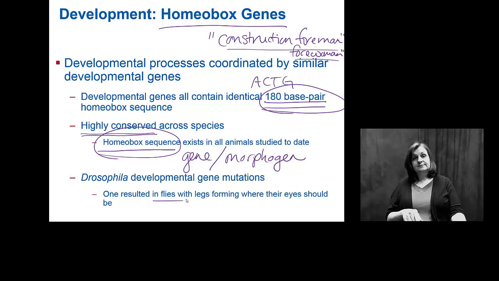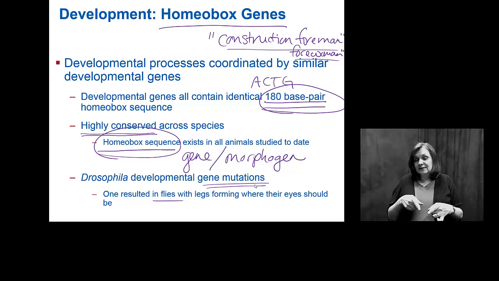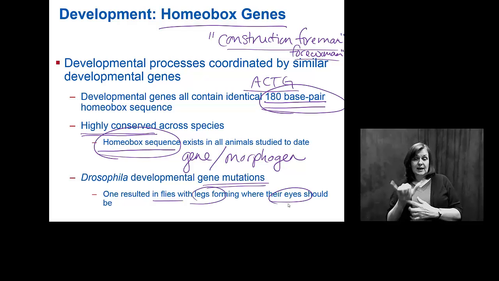So when we look at mutations to this, our concern is that we will get improper development. And scientists have worked with this gene and this sequence enough now that if they change anything in this sequence, if they change the way in which this sequence behaves, so its coding, the A, C, T, and G changes just ever so slightly, one base pair change can completely change the outcome. From the standpoint that in our fruit fly here, we can get legs where their eyes should be.